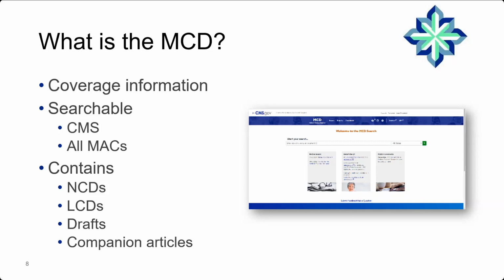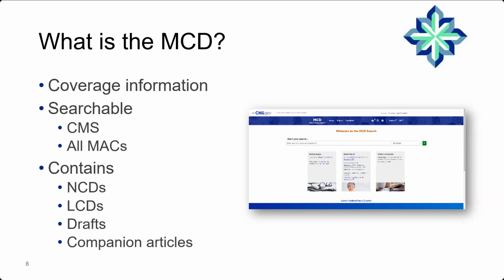And those are coverage decisions that are identified and created locally by individual MACs. Even though those local coverage decisions might be created by specific MACs, and we do provide links to those LCDs on our website in varying resources that are available, all of those, both national and local coverage decisions, along with articles and drafts and companion articles, are all housed inside this national CMS repository.